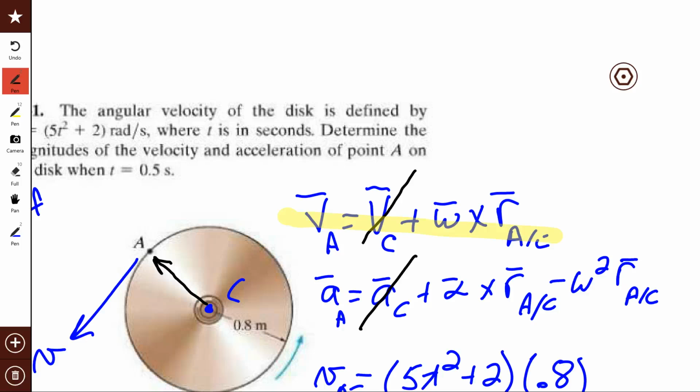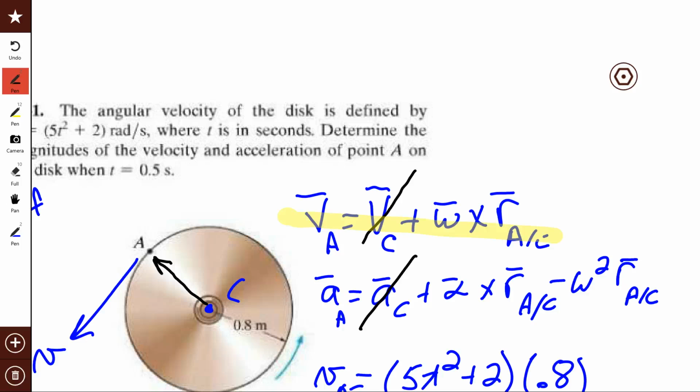Why that way? That's the way of the rotation. See the arrow? Here's the rotation. So it's going like this. You're looking at the arrow, the way it's rotating, it's going like that. So this is the speed of point A.